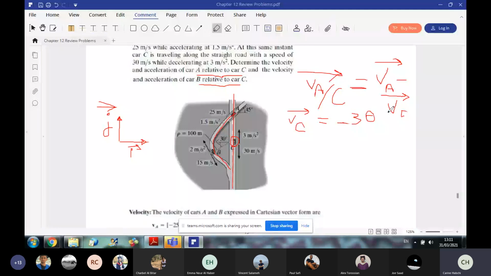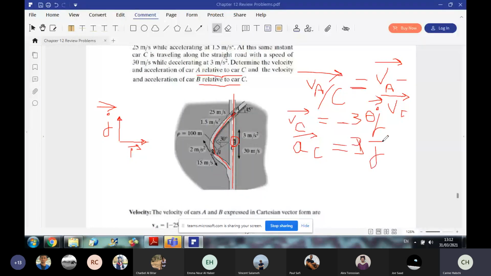Now, for acceleration of C, it is positive along j. So as you can see here, AC is plus 3j.